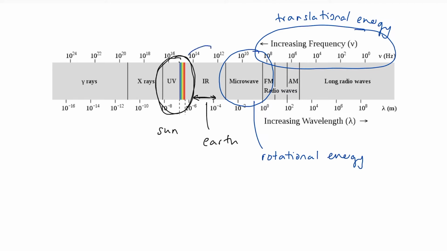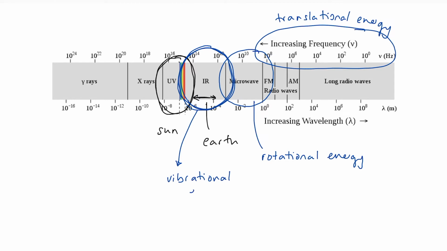And then, this is where we are most interested, molecules absorbing infrared radiation. This causes an increase in their vibrational energy. So we see that their bonds vibrate more strongly. To be very clear here with our language, we're not saying that they start to vibrate, but by absorbing infrared radiation, it causes the bonds to vibrate more strongly.